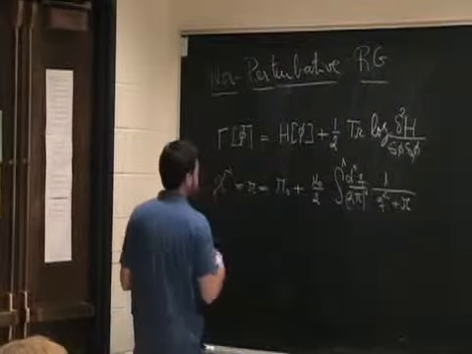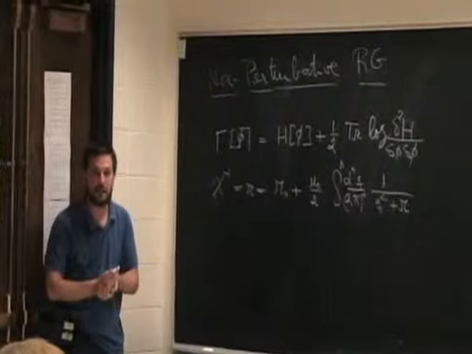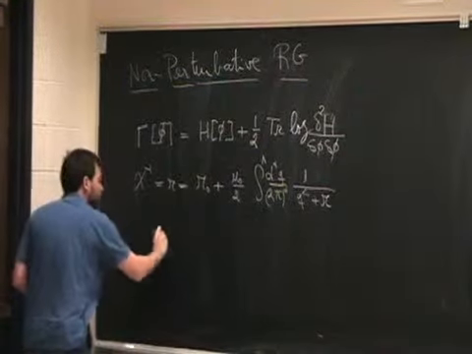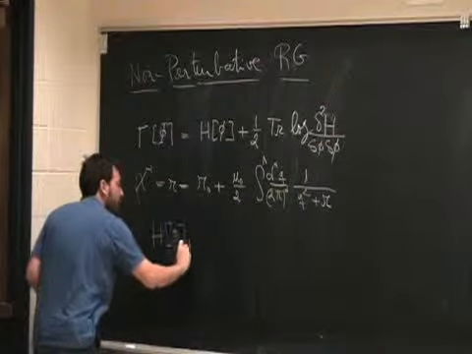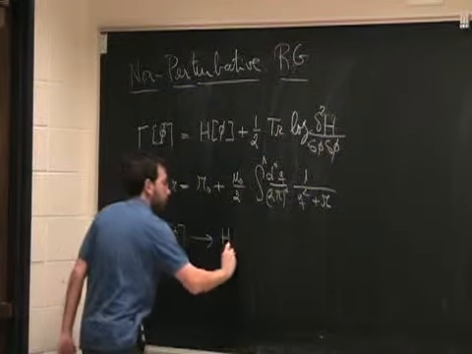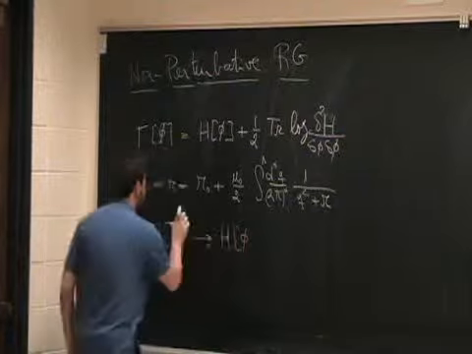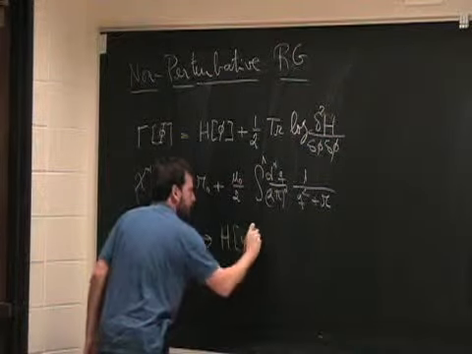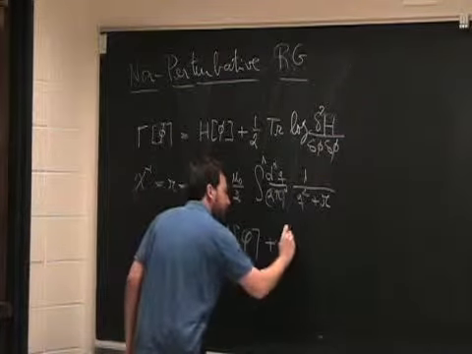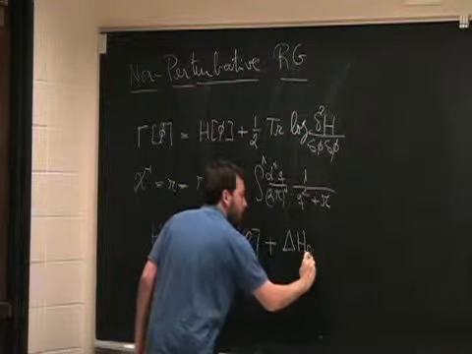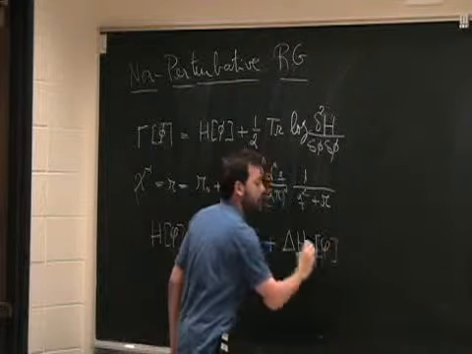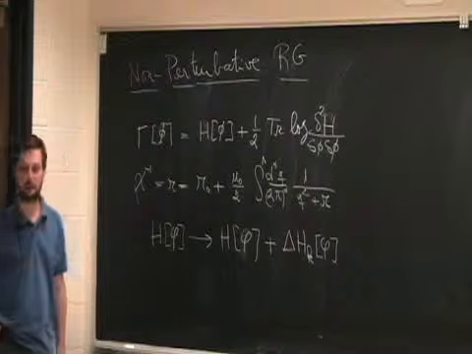Okay? So in order to separate scales, the simplest thing you can use, if you have your Hamiltonian H, is to replace it by a modified Hamiltonian H_k with a delta H_k, where k is a scale that tells you where the separation of modes is made.